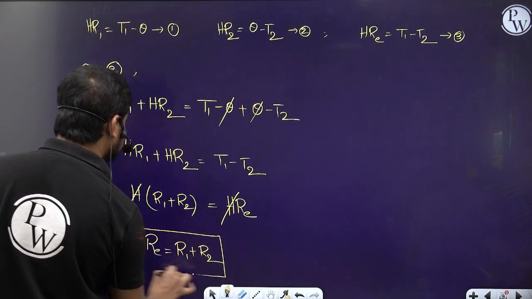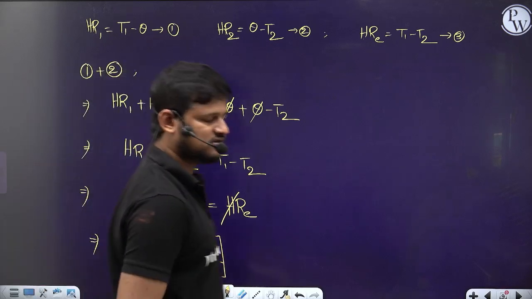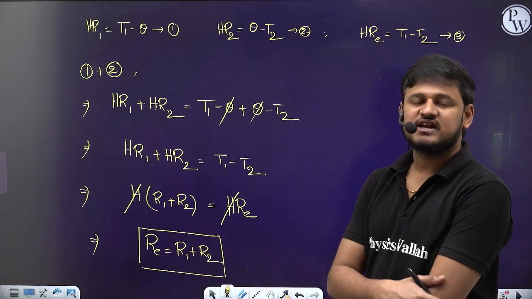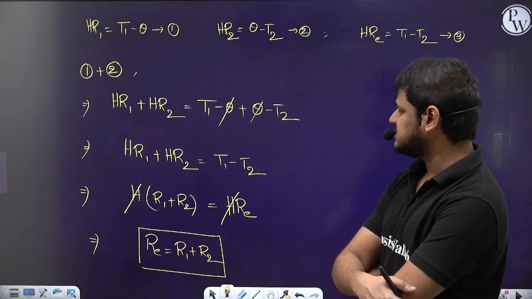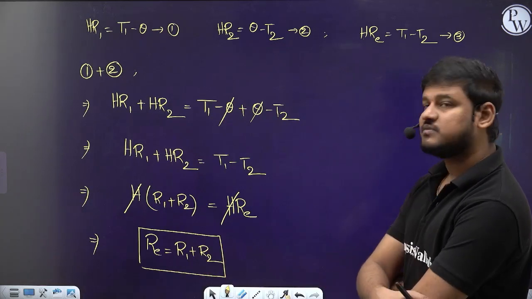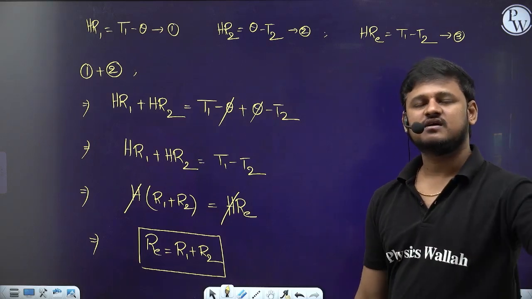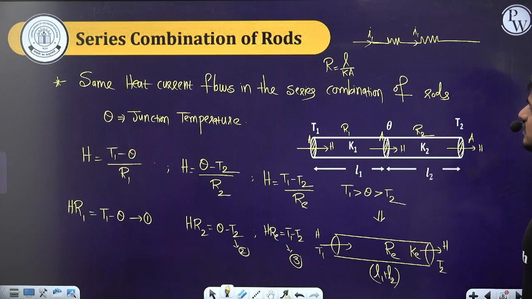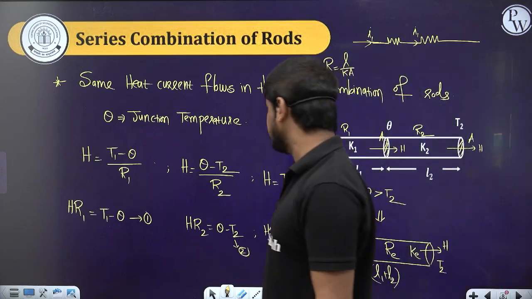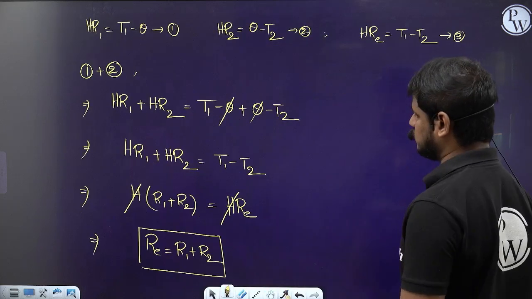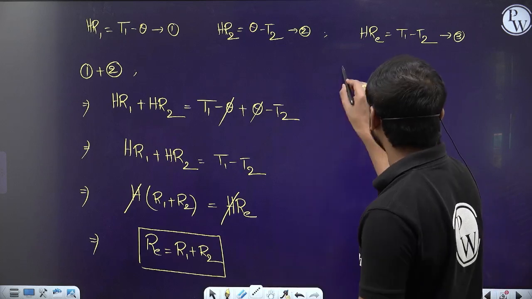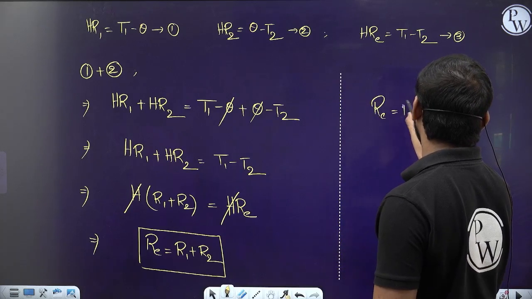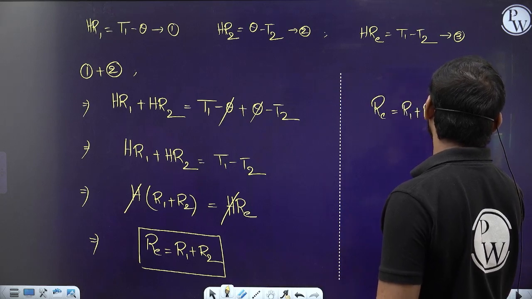So in the series combination of thermal conductors, the equivalent thermal resistance is equal to R1 plus R2, same as resistors connected in series combination. Understood the concept, everyone? So you can remember now: the final R equivalent is equal to R1 plus R2.